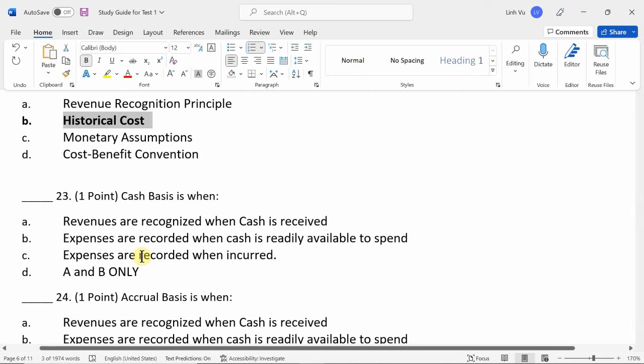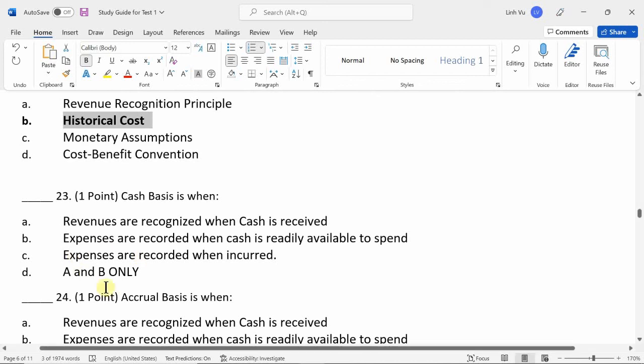Okay? Number 23, cash basis is when? When transactions are made with cash. And if you have your expenses, you make the payment with the cash.